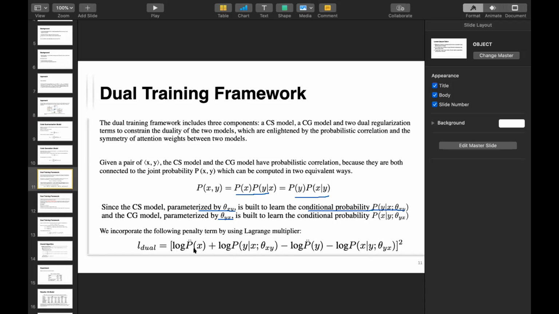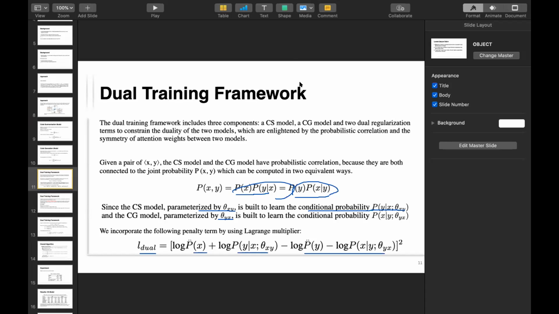So it means P(x) times P(y|x; theta_xy), and minus this term, which is the same as here. So we want to minimize this L_dual. This is the first penalty term that we introduced to our loss function.